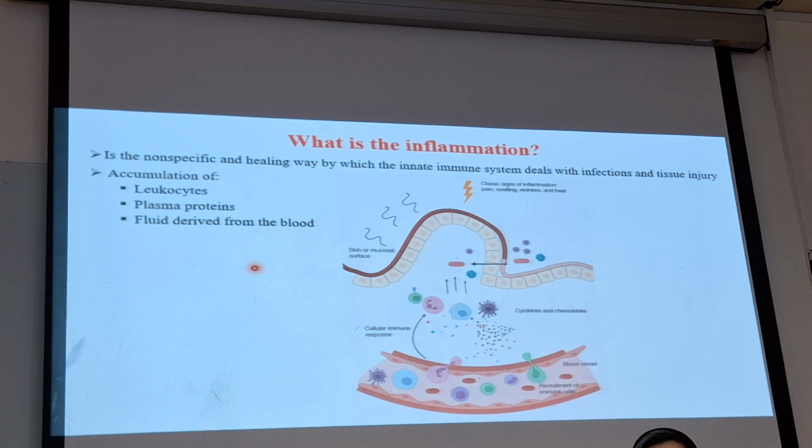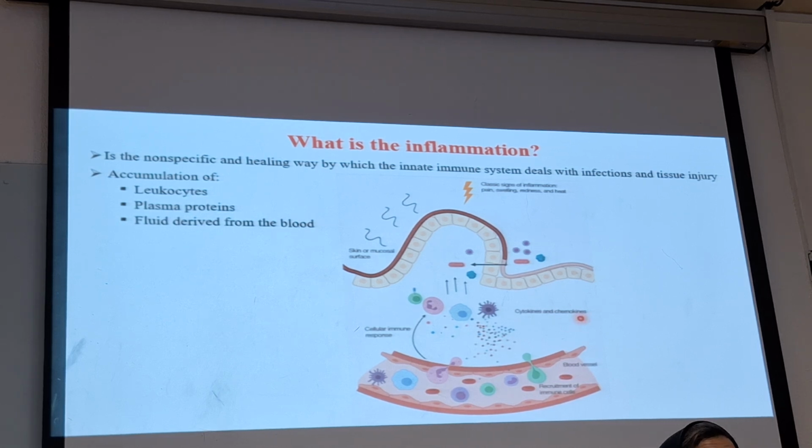And in the normal condition, usually leukocytes are circulating in our blood circulation, and the number of leukocytes in tissues is low.